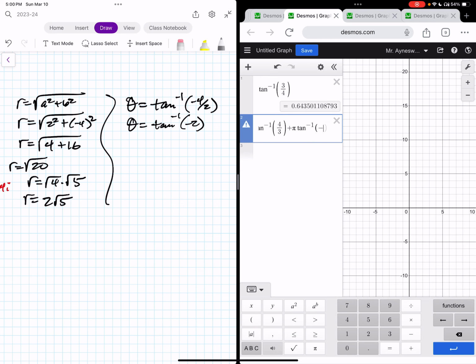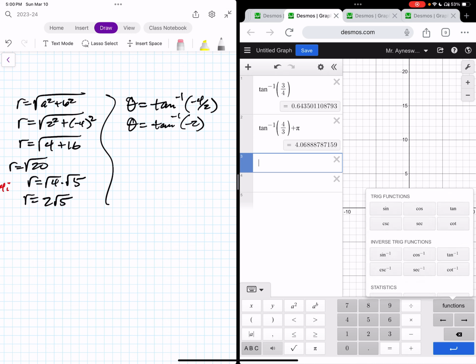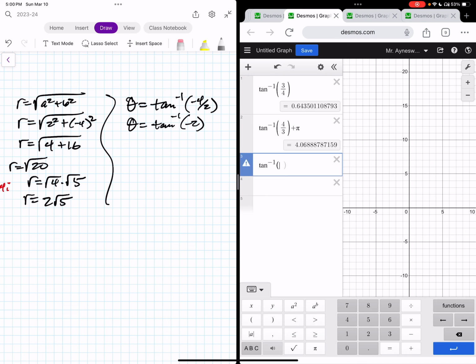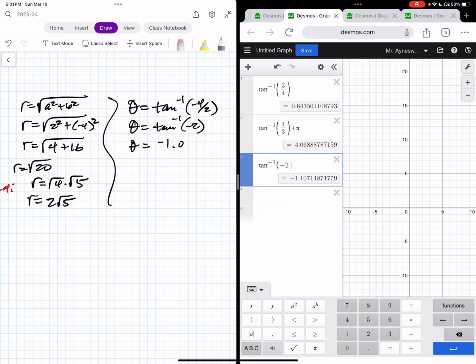Gotta make sure I'm on the right portion of Desmos here. So, inverse tangent of negative 2. And notice it gives me a negative angle in quadrant 4: negative 1.107 radians.